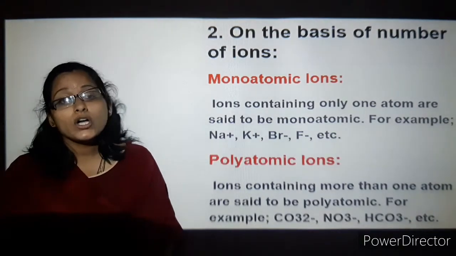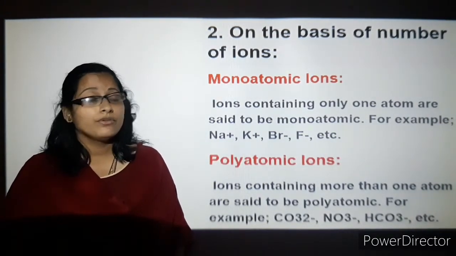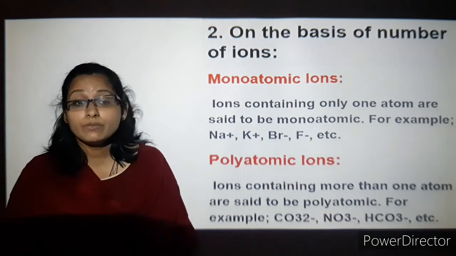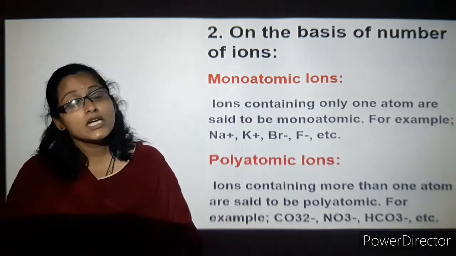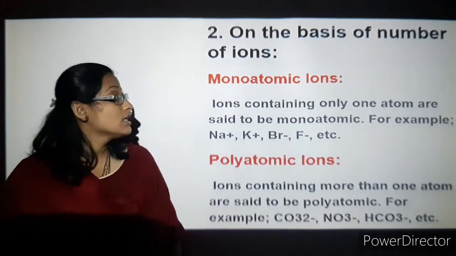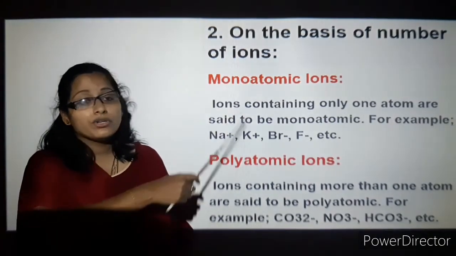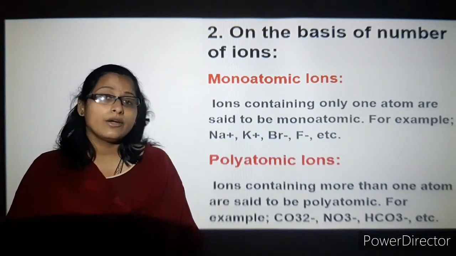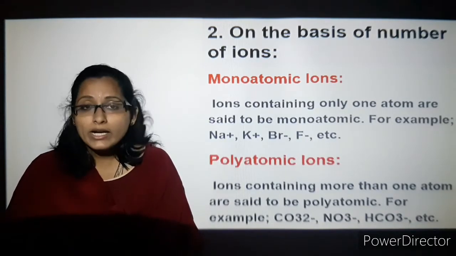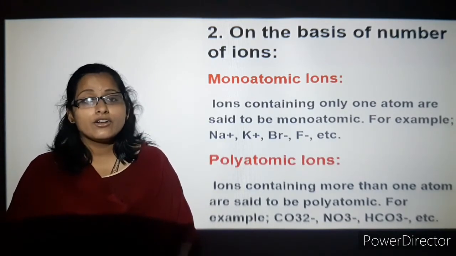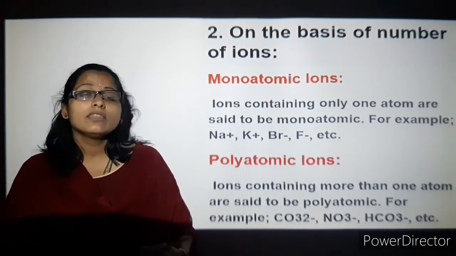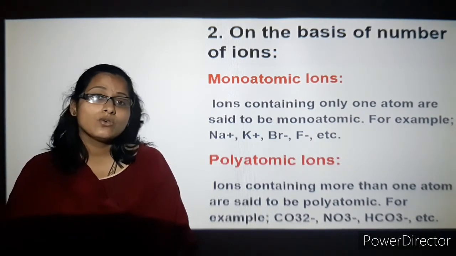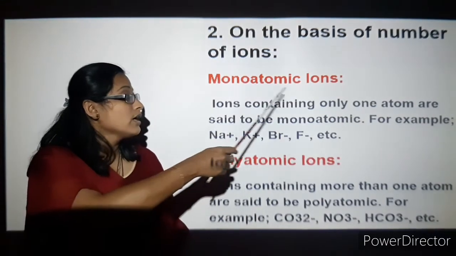Based on the number of atoms present in a particular ion, we will differentiate the ions again as monoatomic ions and polyatomic ions. What are monoatomic ions? Like hydrogen, helium, oxygen. A single atom that has a net charge is known as a monoatomic ion.